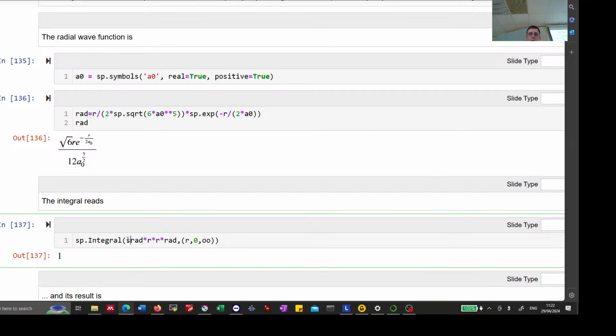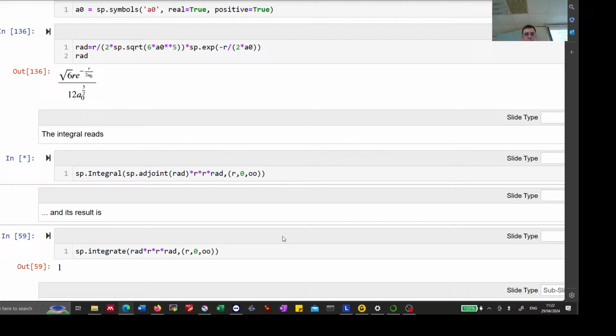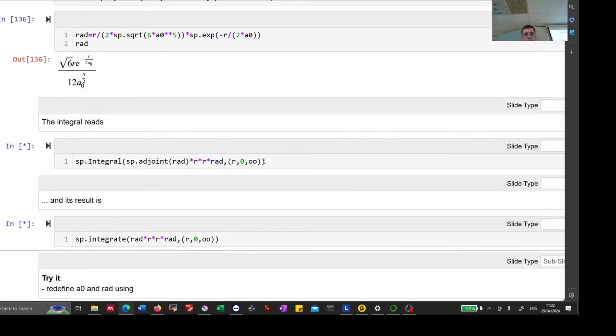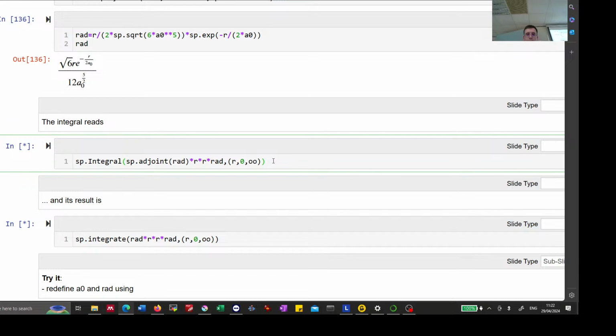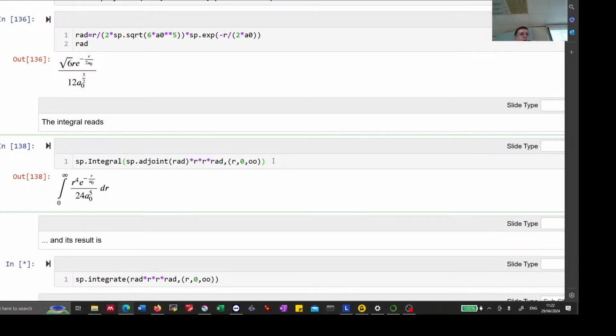Just to make sure, simply adjoint. We can look at the integral. We can integrate it. And later on, we can confirm our integral result with the doit function. So simply integral doit will give us 1.